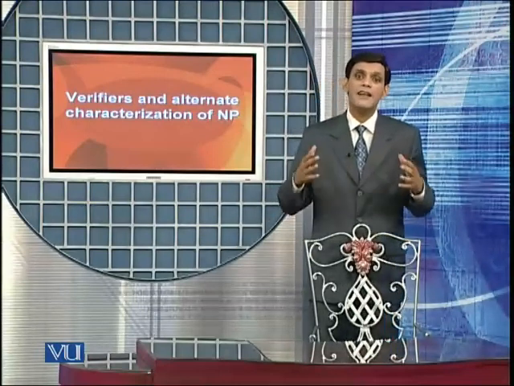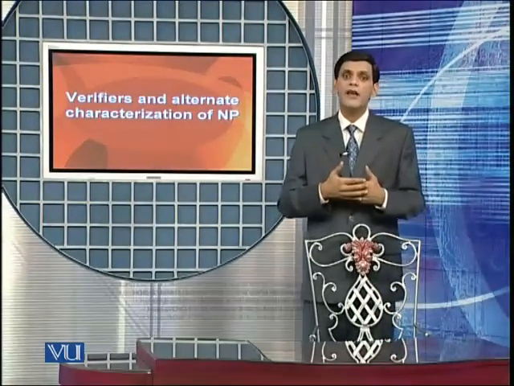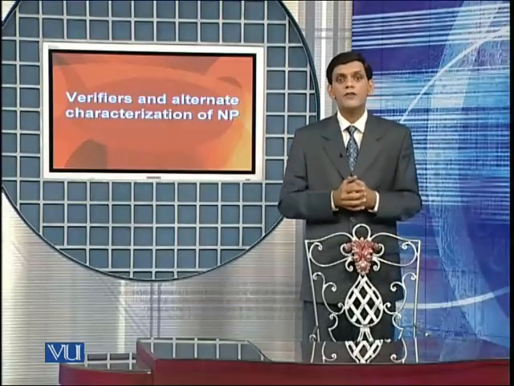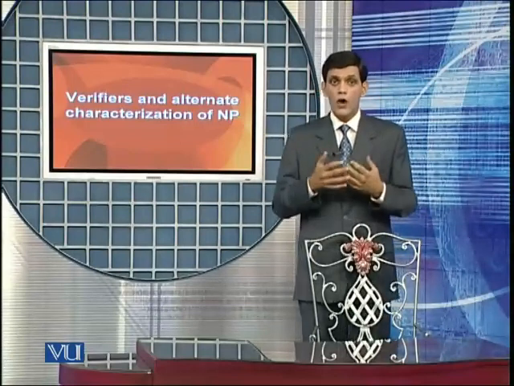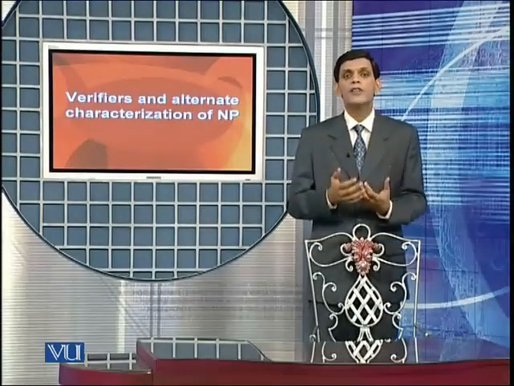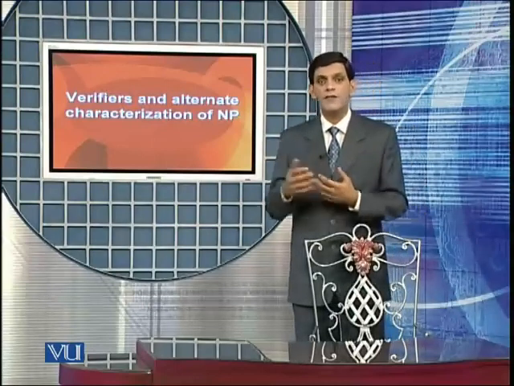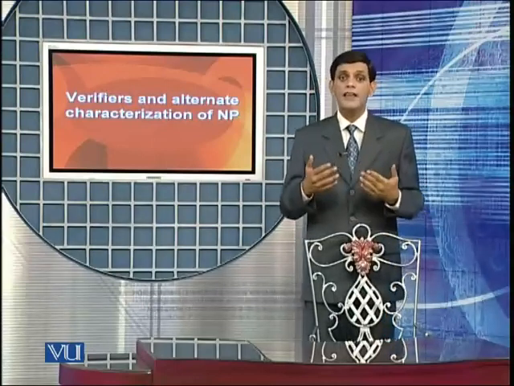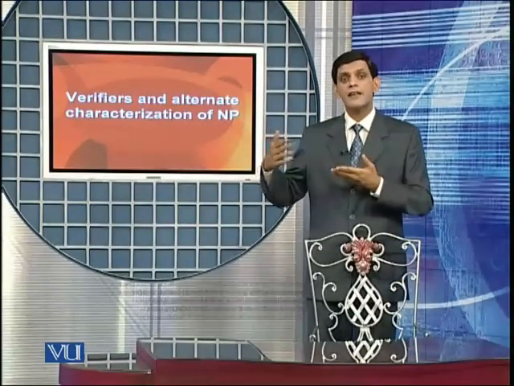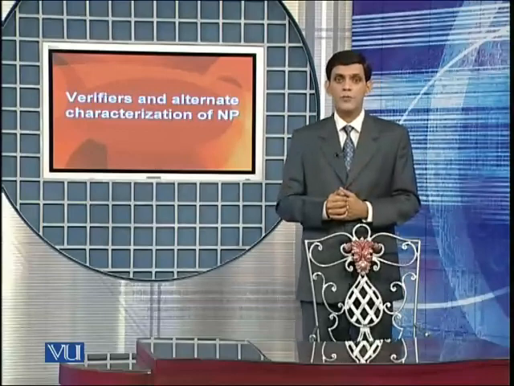Now we have another characterization, and this characterization does not appeal to the notion of non-determinism. It only talks about verification. What we are saying is NP is the set of all languages for which there are polynomial time verification algorithms. This alternate characterization helps us understand the class NP from another viewpoint.